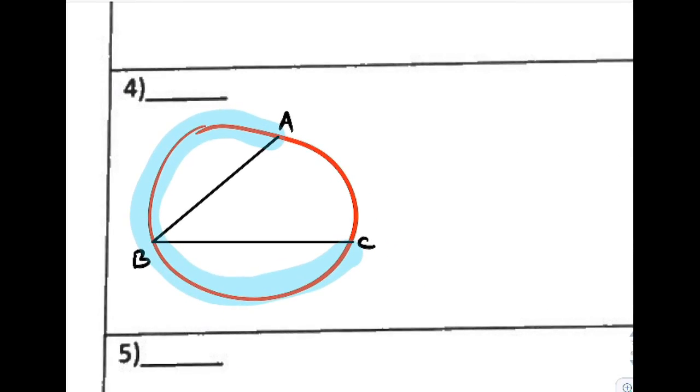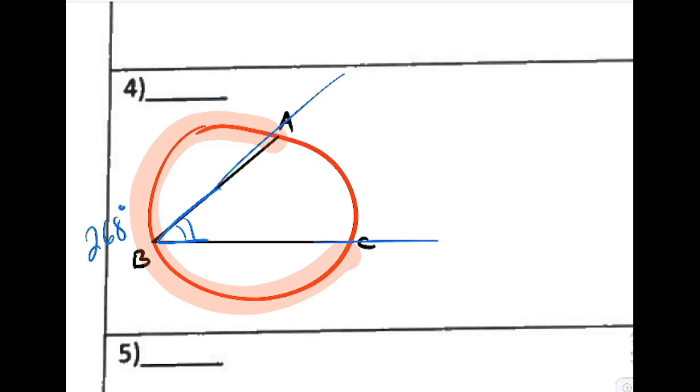The next one was number 4 here. I just realized that was the first one. The one I just did was the second one, but I did them out of order. Anyhow, number 4, this is the picture, and it tells you that major arc ABC, and you know it's that way because it's A through B to C, if you look at the question, is 268 degrees. And it wants you to find out what angle ABC is in here.